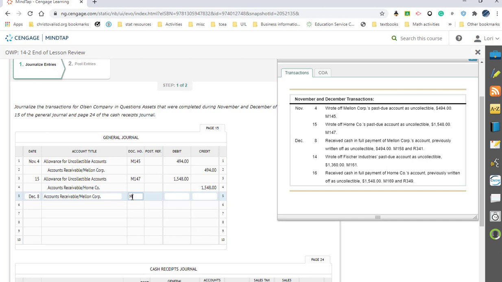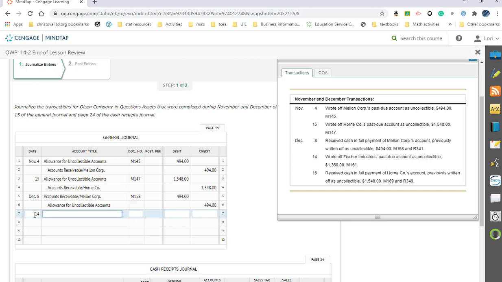On the cash payments journal, we will write in the receipts. They paid off their full balance, so $4.94. And the allowance for uncollectible accounts is going to be our credit, $4.94, because we got to reopen what we just closed.